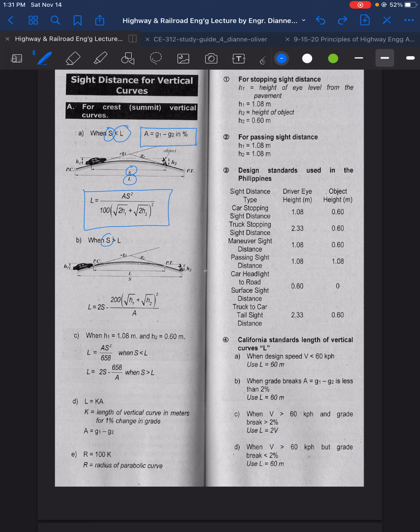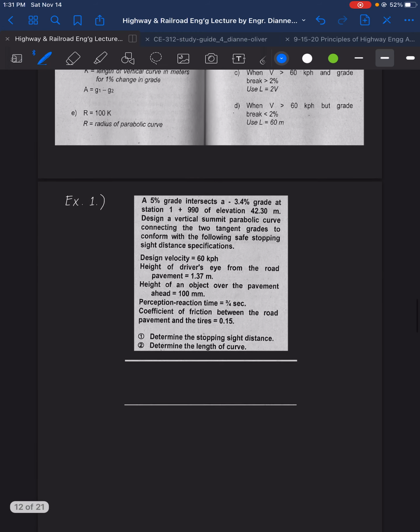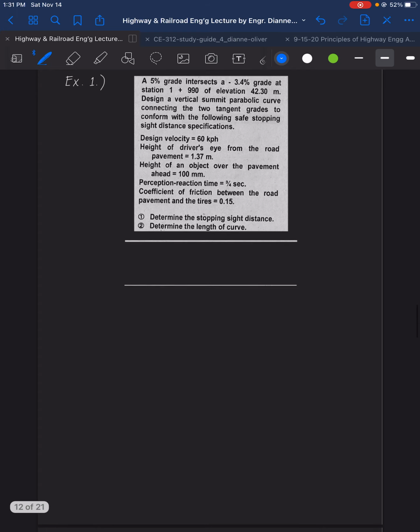When the sight distance is greater than the length of the curve, we will use this formula. So we will have sample problems, then let's apply the formulas given there.